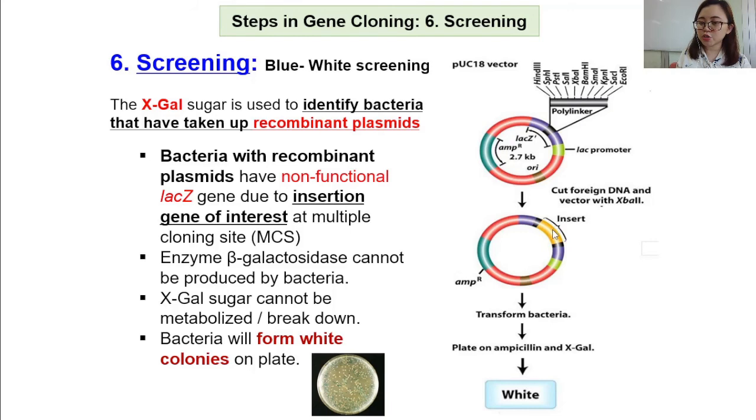If there is a gene of interest, it will disrupt the LacZ gene. Your LacZ gene no longer functions. So the enzyme beta-galactosidase cannot be produced by this bacteria. X-gal sugar cannot be metabolized or broken down. It will not be able to digest X-gal sugar. And so it will form white colonies on the plate. If X-gal is not digested, the bacterial colony will form white colonies.